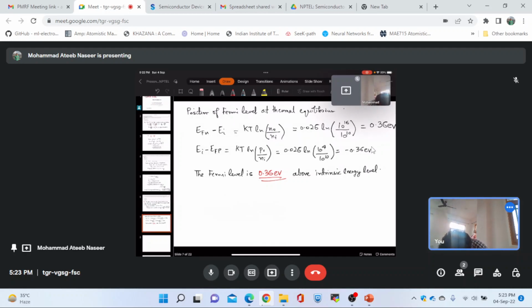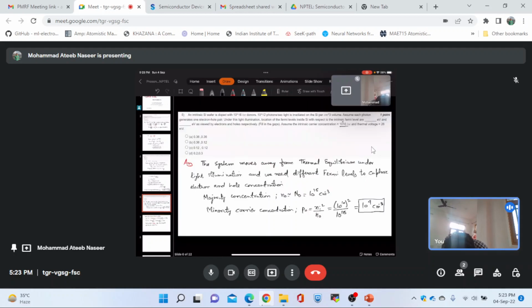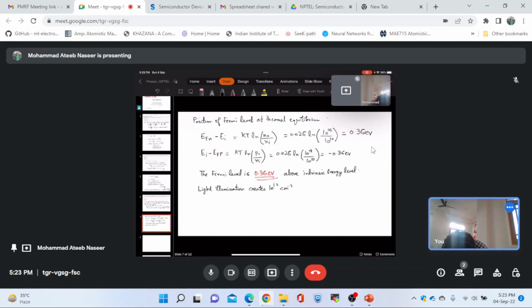So this light illumination creates, let me check again, yes, 10 to the power 12 per centimeter cube electron and hole pairs per second.